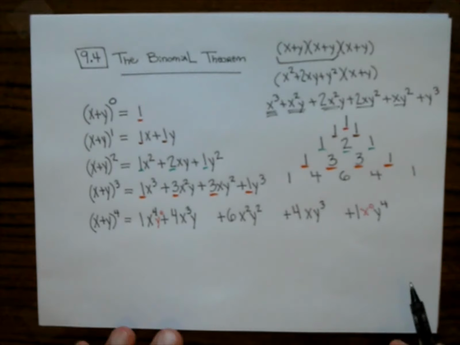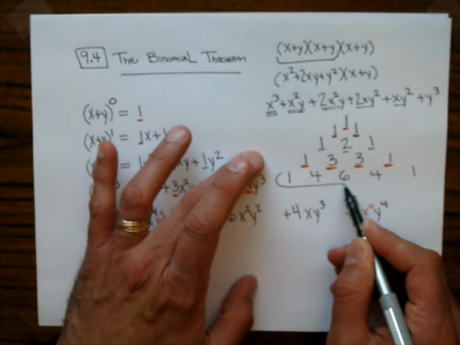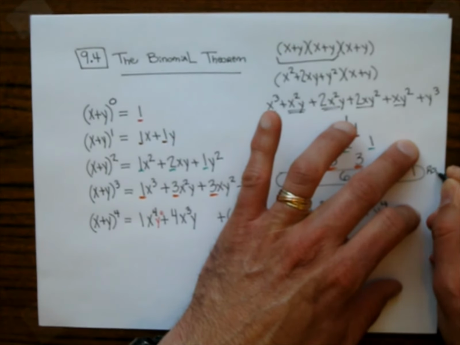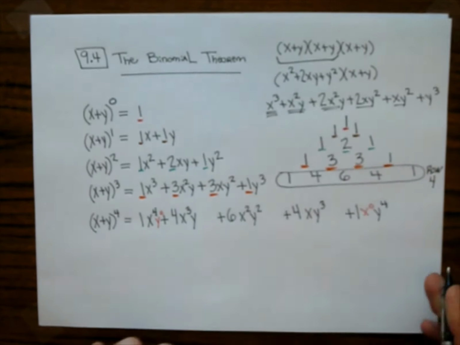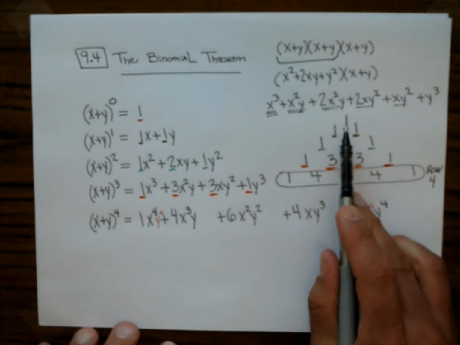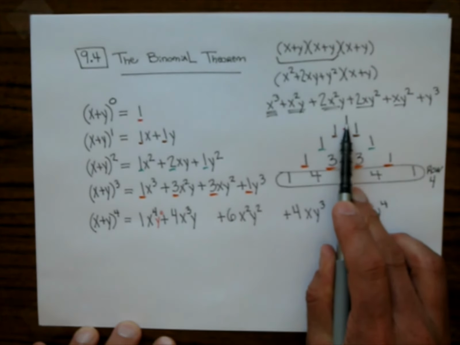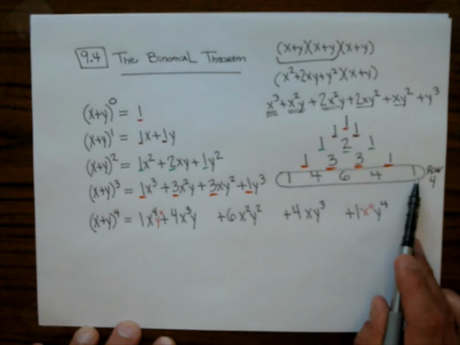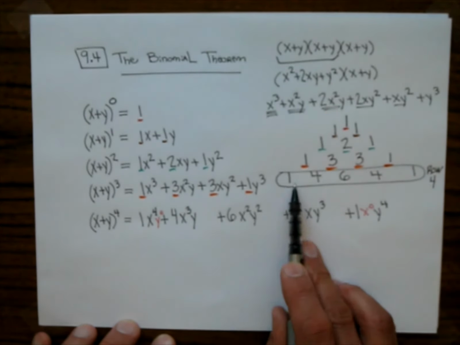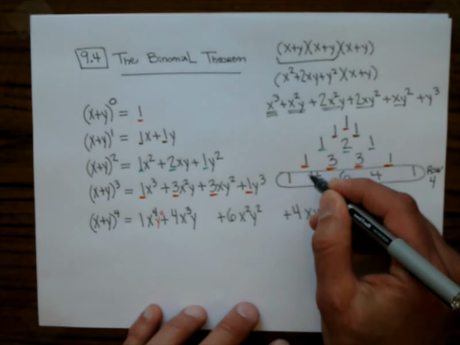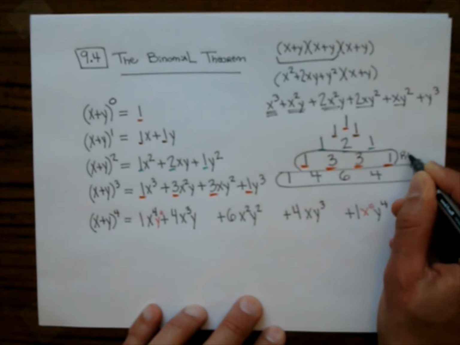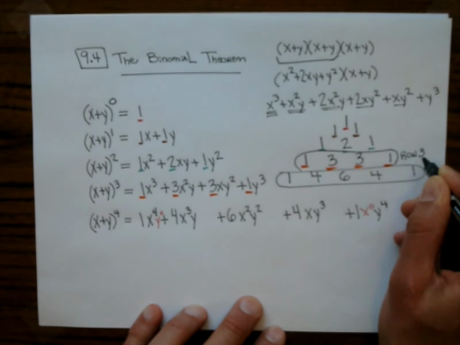Oh, maybe I should say this right here. This row right here is called row 4. Now you might think that that's kind of a contradiction because, you know, here's the first row. The first row is just a 1, and then 2, and then 3, and then 4, and it really is the 5th row, but we call it row 4 because the second entry is a 4, which means this row here is row 3.